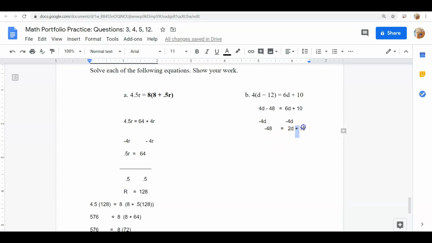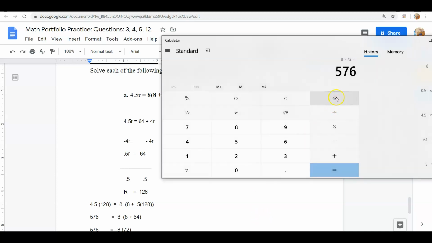So if we have 10, that's positive. To eliminate it, we need the same number, same variable, there is none, but a different sign. And we also need to do this on both sides. So we go down again like the tree, negative 48 minus 10, and I'm going to do this on a calculator to show you.